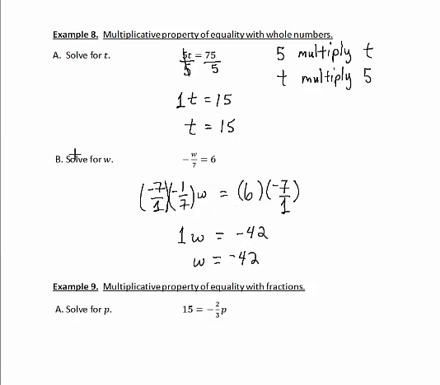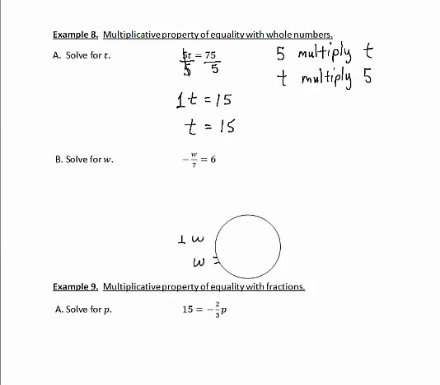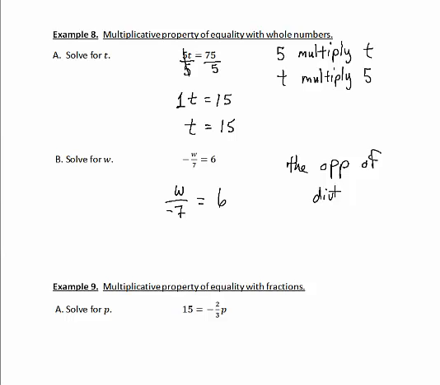And so that sort of leads me to my different version of what takes place with this equation in order to solve it. We could have interpreted this equation as a W divided by a negative 7. Well, the opposite of division is multiplication.